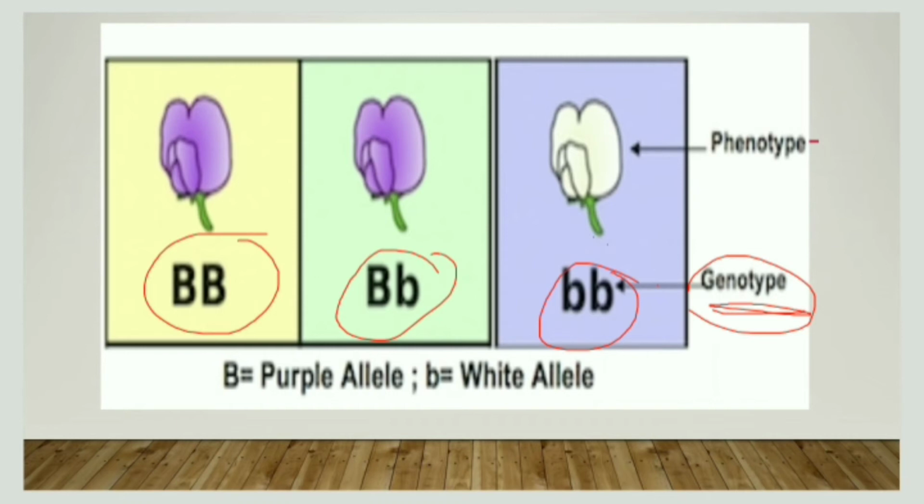Here, capital B gives rise to purple, whereas small b gives rise to white. Capital B is dominant over the white allele. Thereby, the offspring is always purple in color when it has capital B and small b.